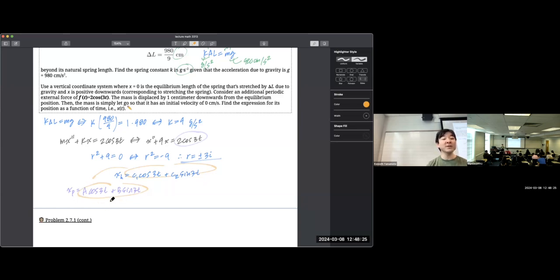There's literally no hope of this solving the non-homogeneous differential equation because it's exactly the homogeneous equation. So we'll have to multiply by t. That gives you your particular solution, t times (a cosine of 3t plus b sine of 3t), and that will be your correct particular solution form.